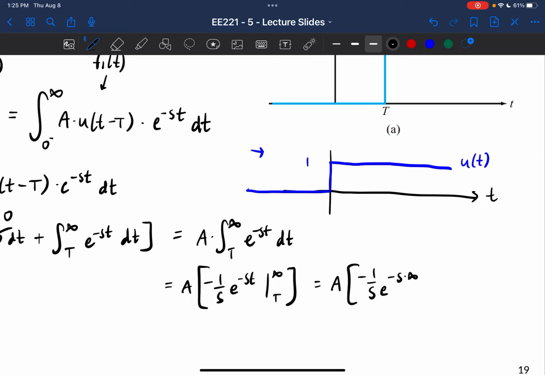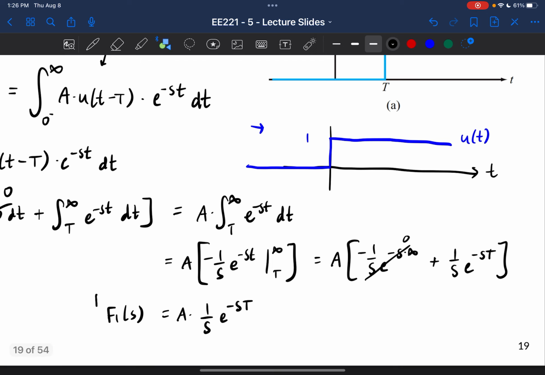Minus a negative 1 over s, so I'll just put plus 1 over s e to the minus s big T. Well, e to the minus s times infinity is the same thing as saying 1 over e to the s times infinity. And e to the infinity is huge. That's basically going to make this whole thing go to 0, right? So I can say that this entire term goes to 0, and I'm left with a times 1 over s e to the minus s times big T. And that is my function f1 of s.